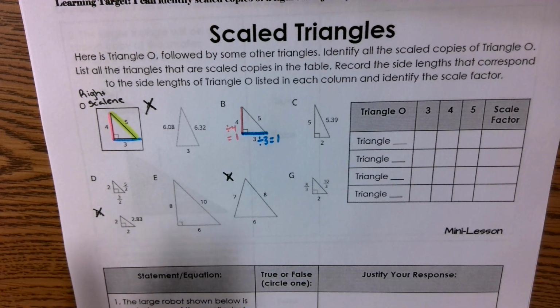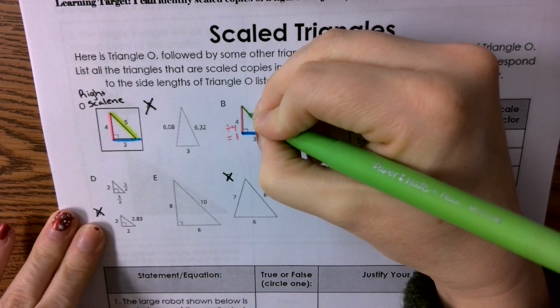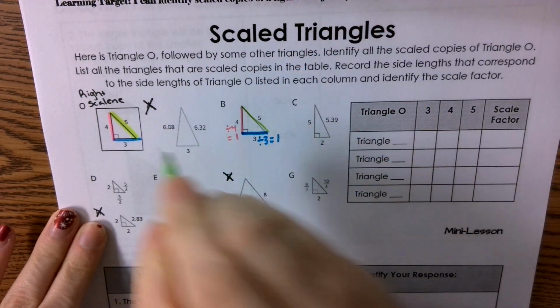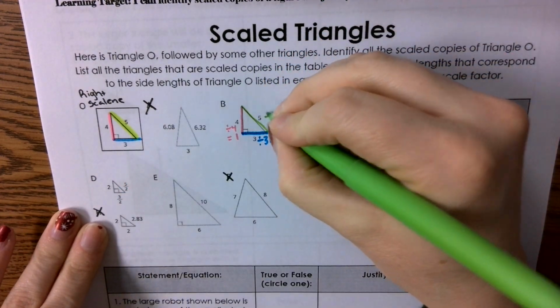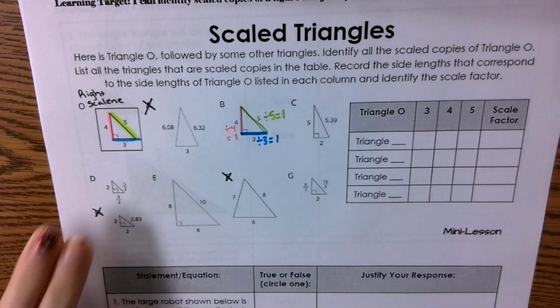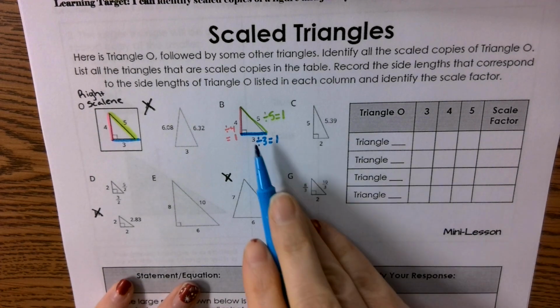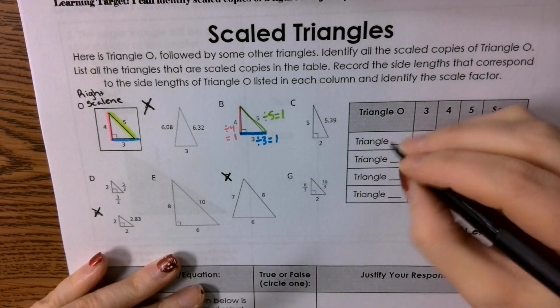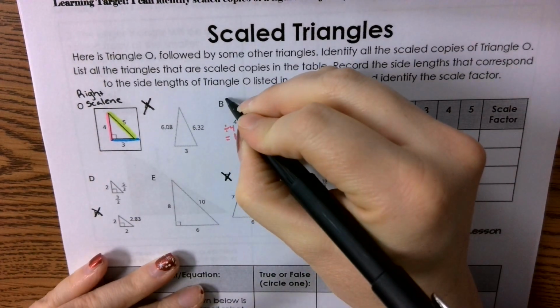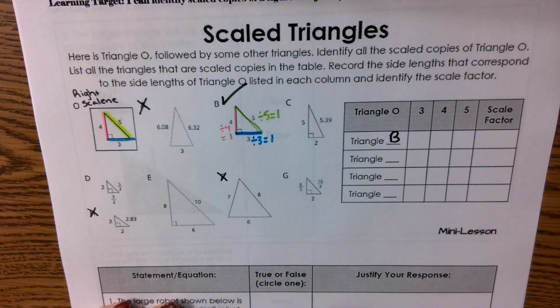And if I take the hypotenuse, this hypotenuse is a 5. If I divide it by its original 5, that's going to give me a 1. So do they all have the same scale factor? Yes. They all have an identical scale factor, and the scale factor is going to be a 1. So that makes it a copy. So triangle B is going to work.